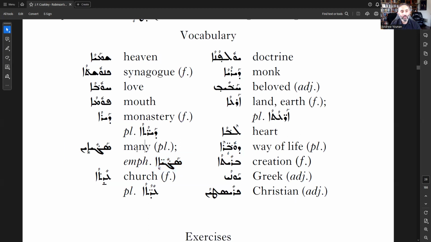If you want to say many are the houses, Bate innon segi'in. They are many. You'd use this form. If you don't remember that, go back to an earlier chapter and learn about the adjective. Okay, and then Eeta is church. And then the plural is Eedatha. Eeta, the daleth is not pronounced. You see the batlana there. Eeta, Eedatha. Churches.